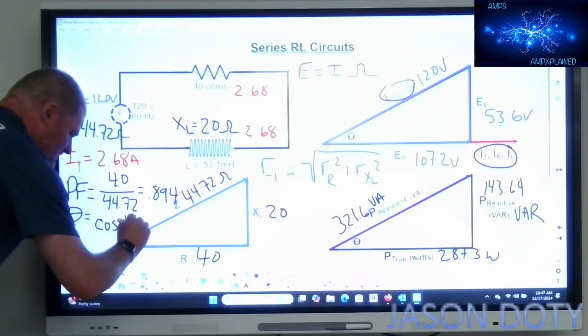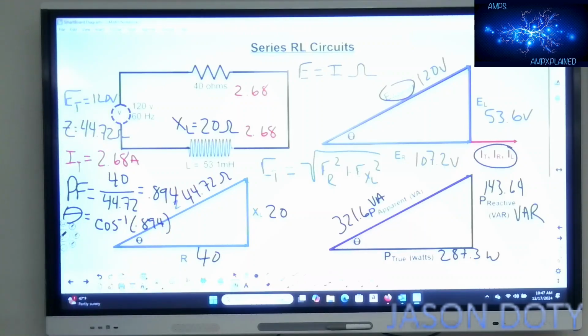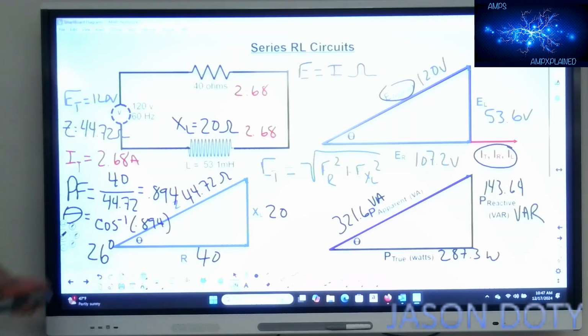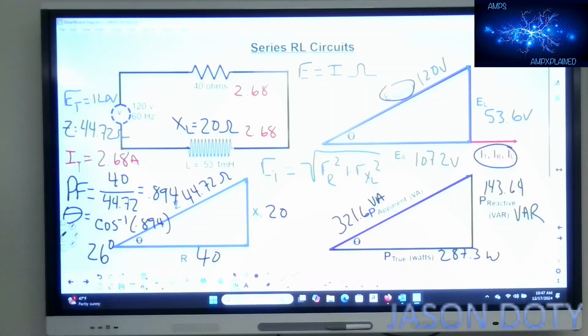Cosine negative 1 of 0.894. We do second function cosine 0.894 on our little Texas Instrument scientific calculator, and we discover that we have a 26-degree out of phase condition here. Voltage is leading current by 26 degrees.